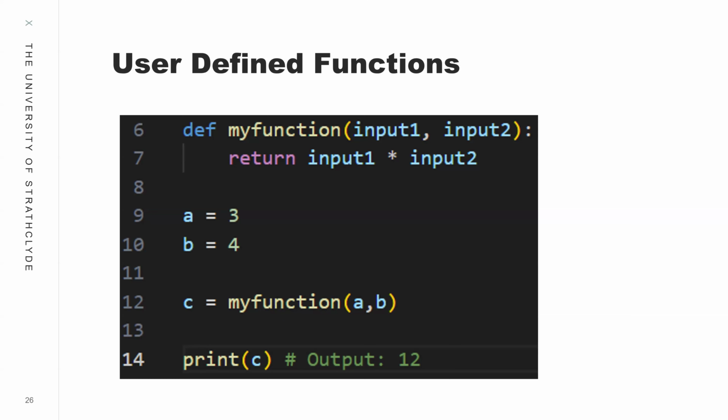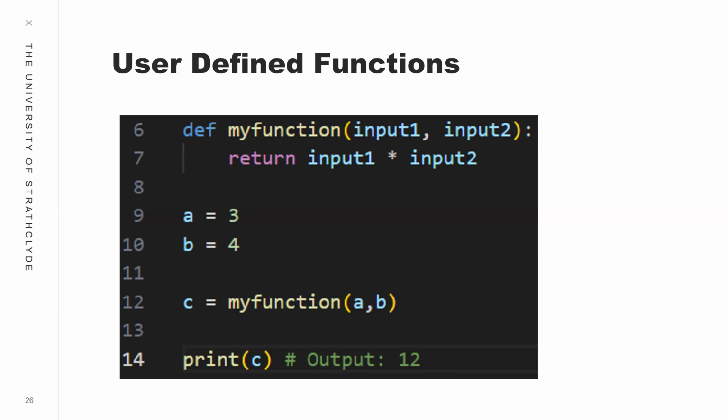You can give inputs to the function, or just print something without any parameters. Let's say this function has two inputs and multiplies them. Input one, input two in the parentheses, and a colon here. When you add a colon and press enter, it goes with a tab, and that is important in the syntax.